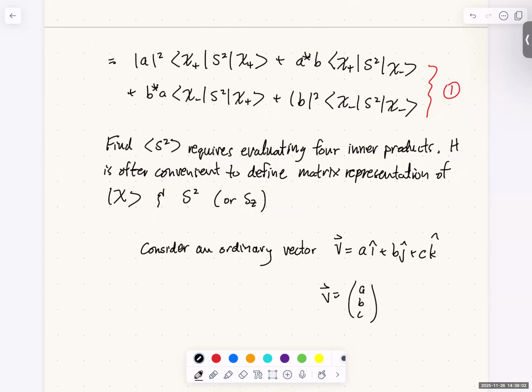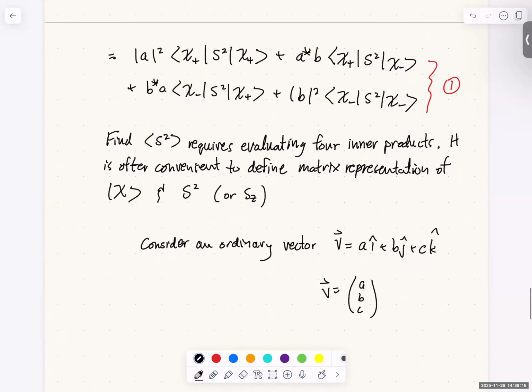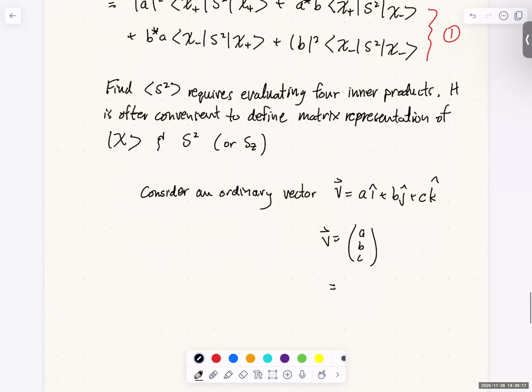I just take the coefficients of my three basis unit vectors and put them in this column matrix. But I could write this in a more revealing way. How about that? Let me write this as a times (1, 0, 0) plus b times (0, 1, 0) plus c times (0, 0, 1).